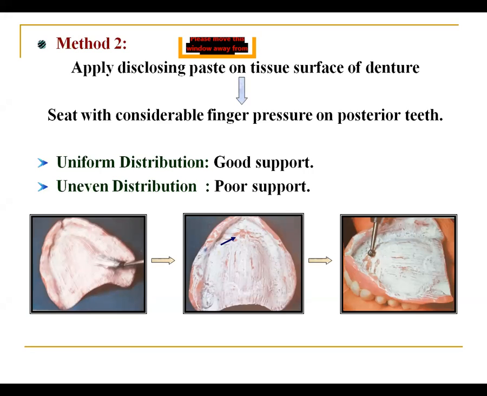If the paste is even in thickness, I get good support. If there is uneven distribution of the paste, then there is poor support. If such things happen, we have to relieve that area, because of which there is a problem in support.